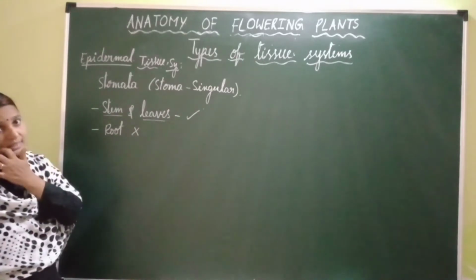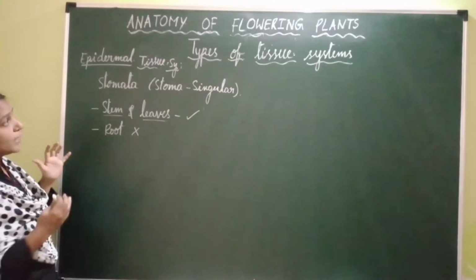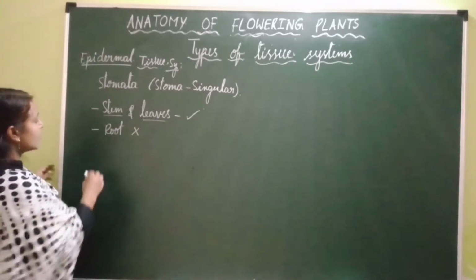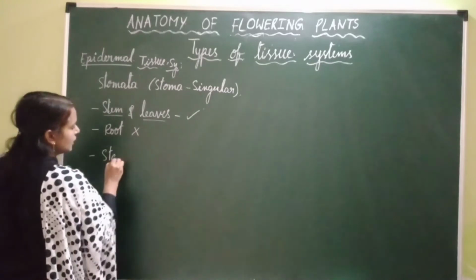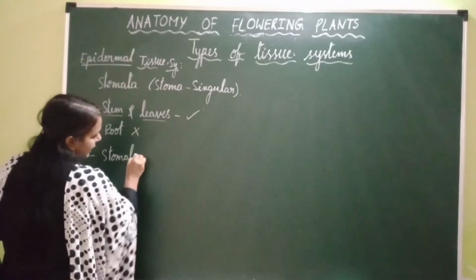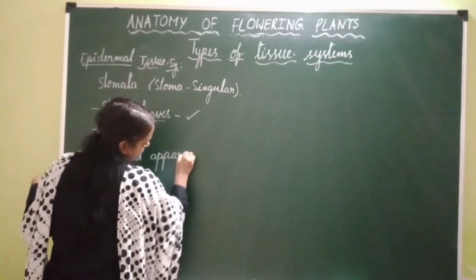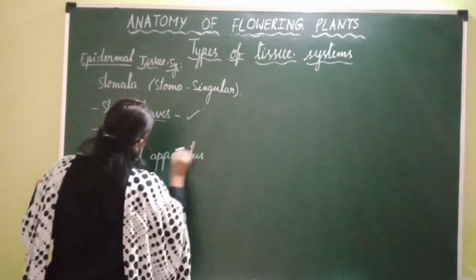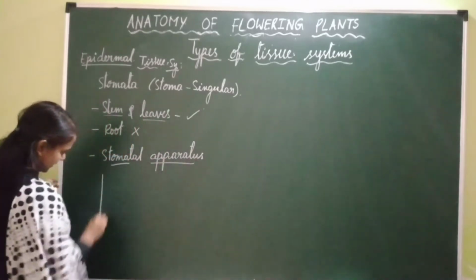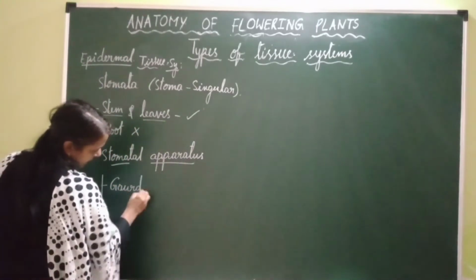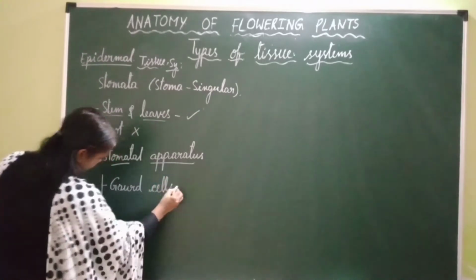Okay, so now let's study the structure of these stomata in case of dicots and monocots. And basically, the stomatal apparatus consists of three things in it. It consists of guard cells, subsidiary cells, and stomatal aperture.